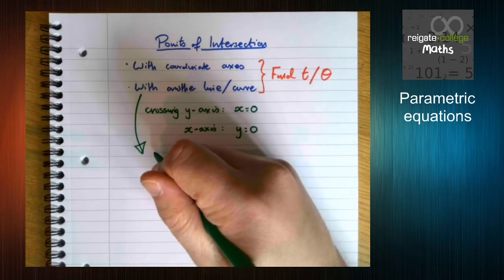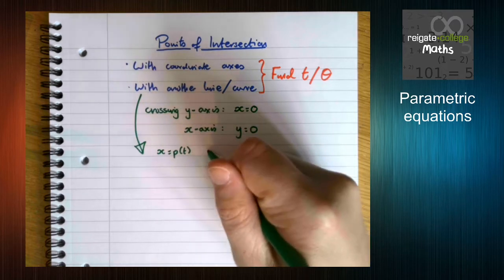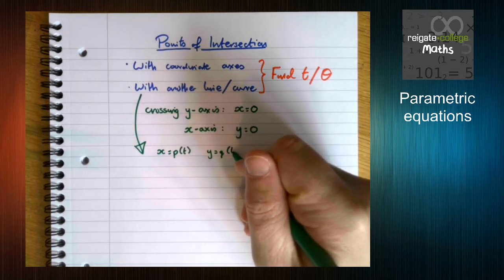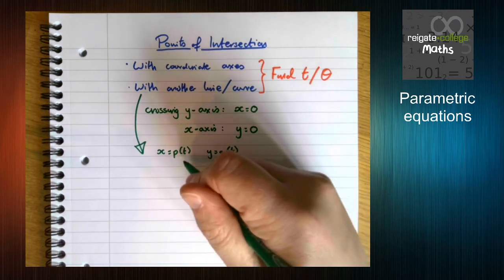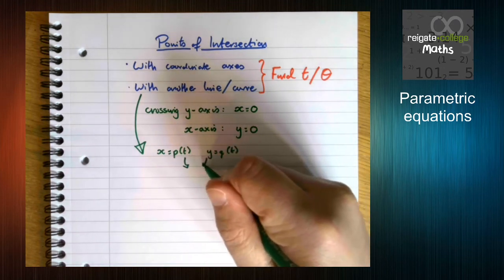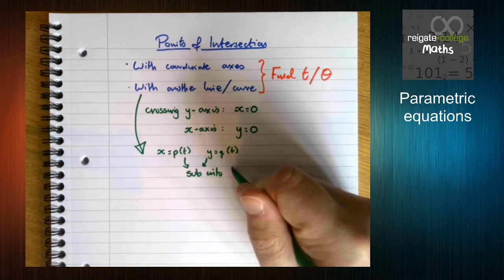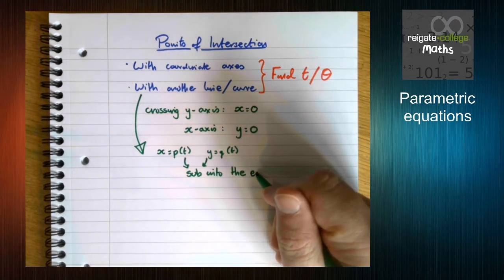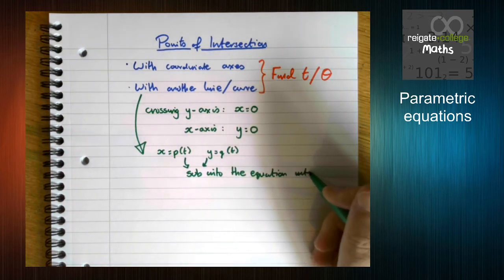So if we've got x is p of t and y is q of t, what we're going to do is take both of these equations and sub them into the equation we're intersecting.